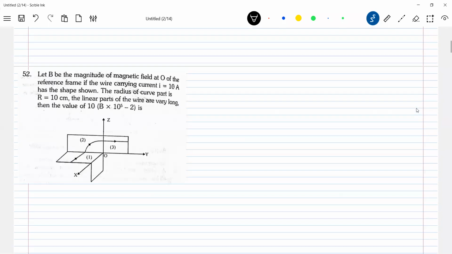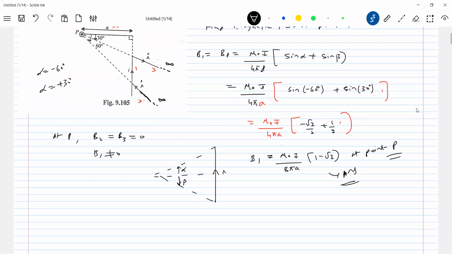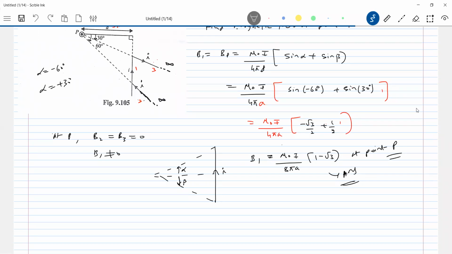Sir, in that question, alpha equal to 30 degrees we have to consider, no, sir? Because when we take a rod, the current is flowing I in that direction, then the upper part is known as alpha, no, sir? The line connecting that point to the upper part, alpha equal to 30 degrees we have to consider. Wait.